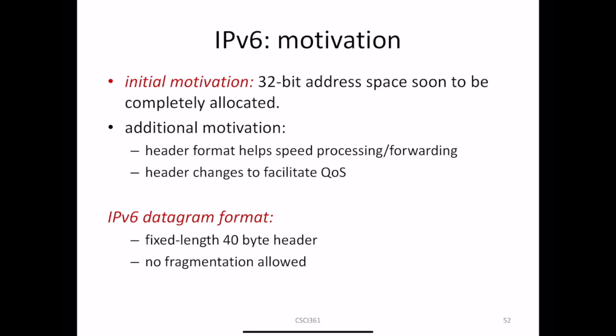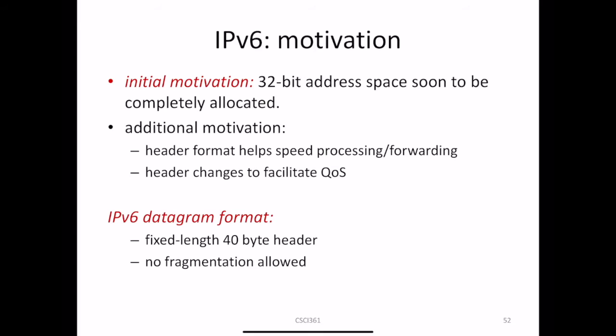The additional motivation is that the header format helps speed up processing and forwarding, because some fields in the IPv4 header have been removed. So the IPv6 header will become slimmer compared with IPv4.